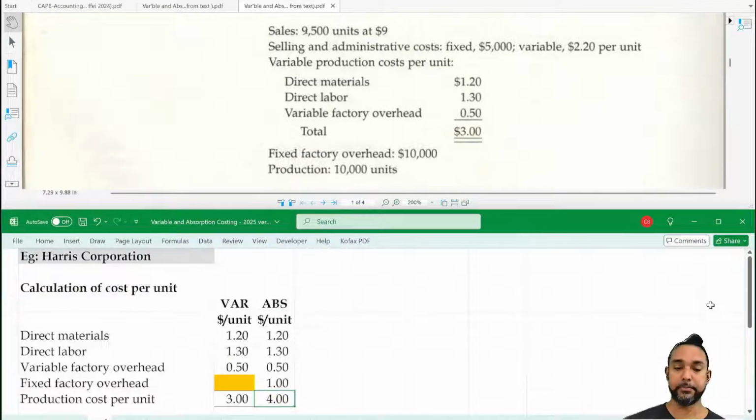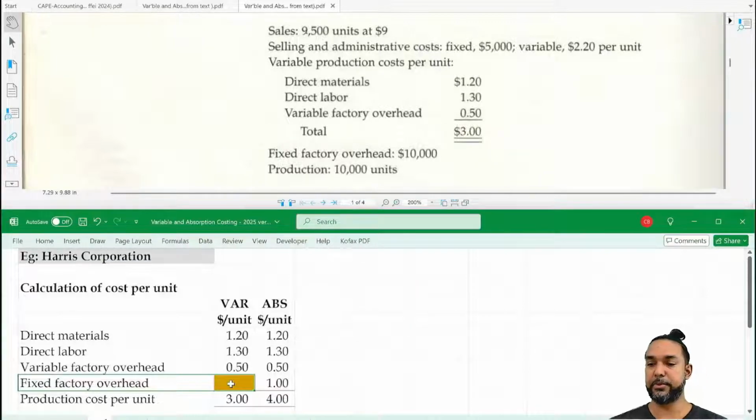So as you can see, the only difference between the variable and absorption costing per unit is the treatment of the fixed factory overhead. Under variable costing, we do not include it. It is treated, as we said, like a period cost.